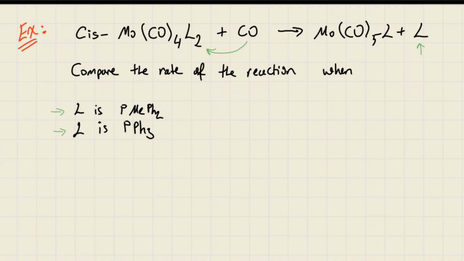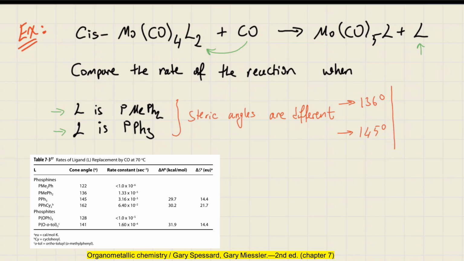Firstly, there are steric angles, and steric angles are different for these two ligands. For the first one, the steric angle is 136 degrees, and for the second one, the steric angle is 145 degrees. And the rate of the reaction for the first one is 1.3, and for the other one it is 320. This is the rate of the reaction.